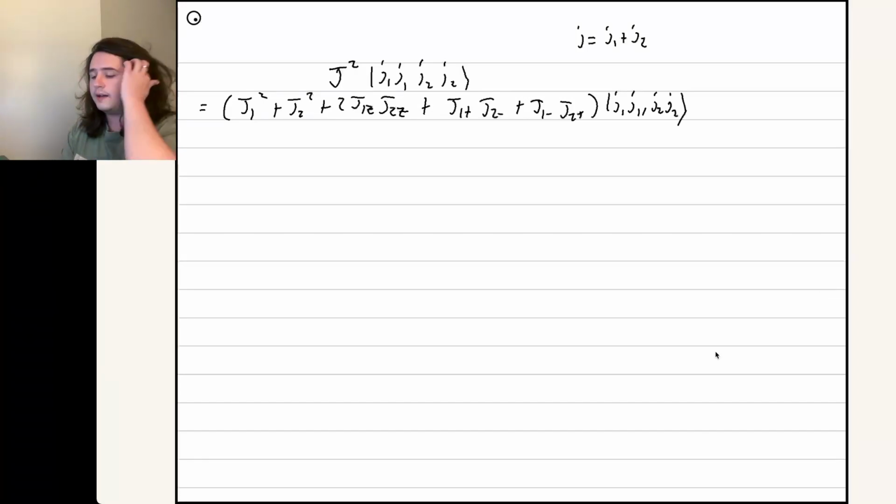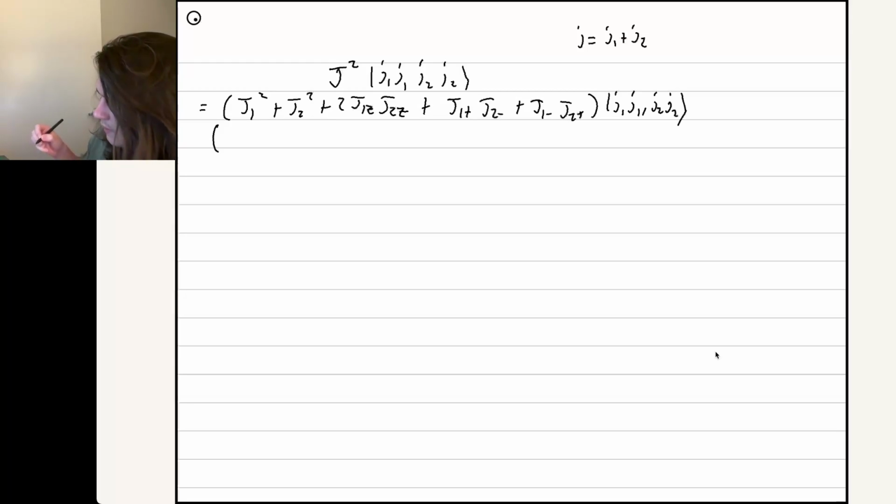We have this expansion, so let's just start operating on the state. J1 squared acting on this gives H bar squared J1 times J1 plus 1, and J2 squared acting on it gives H bar squared J2 times J2 plus 1.